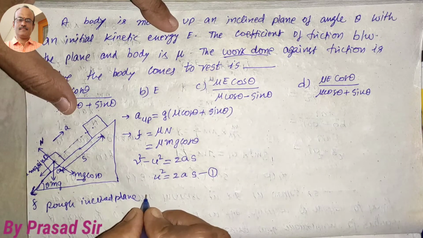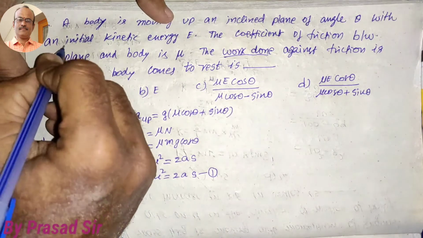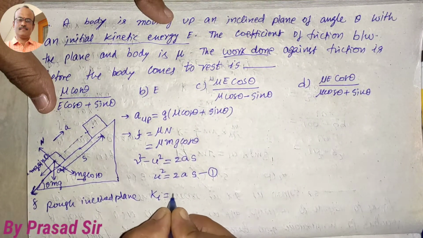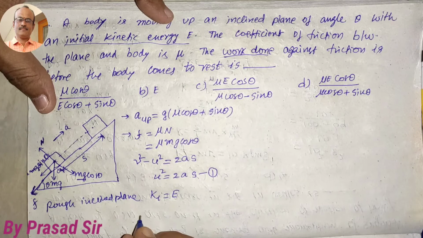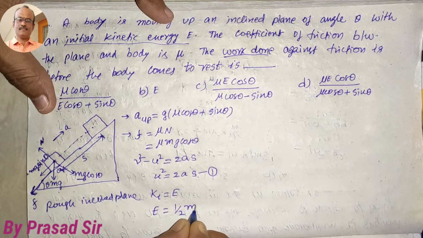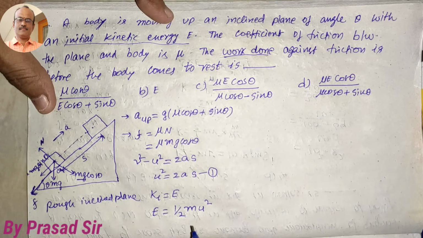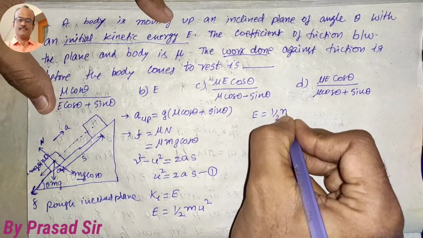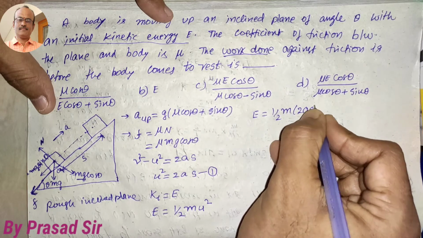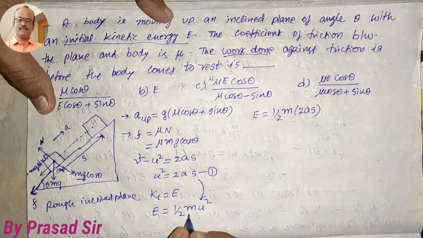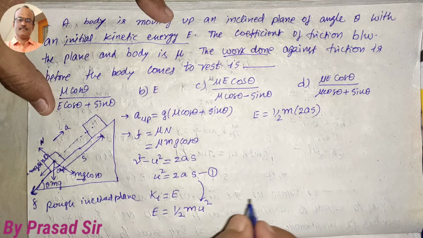But there is another important condition they gave. What is that? Initial kinetic energy is E. So kinetic energy initial is equal to E. So E is equal to half m into u square, since initial means u square. Here I am substituting u square as 2as.